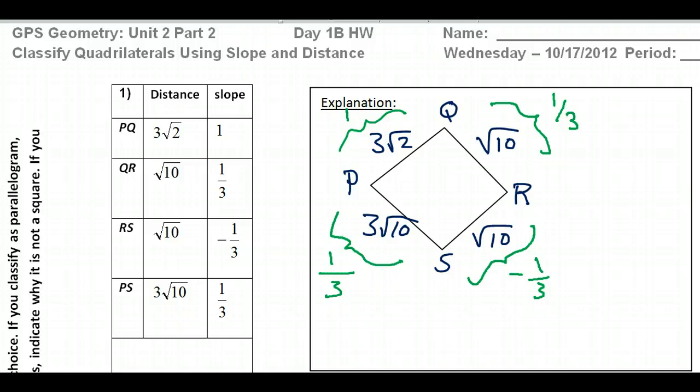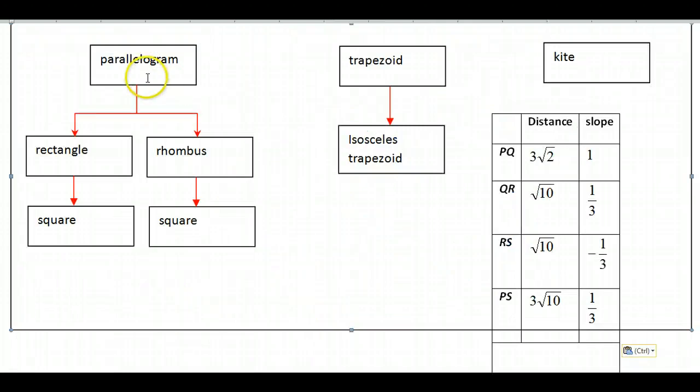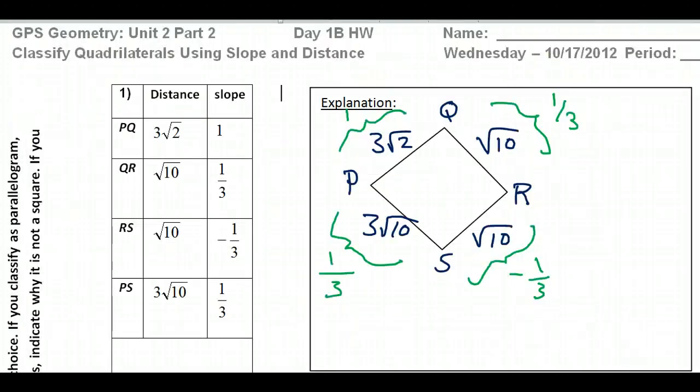Now, it's time to decide, is this a parallelogram, a trapezoid, or a kite? Let's start with parallelogram. If this is a parallelogram, then opposite sides should be congruent. Also, both pairs of opposite sides should be parallel. Let's start with congruent.